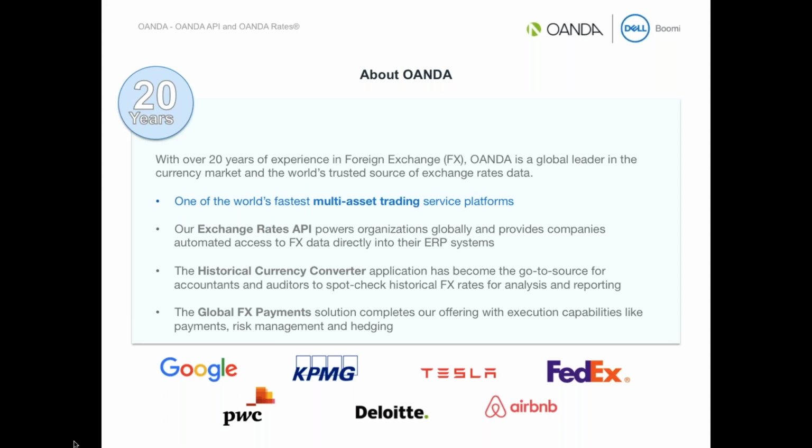We also offer a historical currency converter, if you're interested in downloading data into a CSV file, as well as payments through a partnership that we have with Western Union. The main focus, though, as I mentioned, will be our exchange rates API, and that's really where the Dell Boomi partnership is relevant.